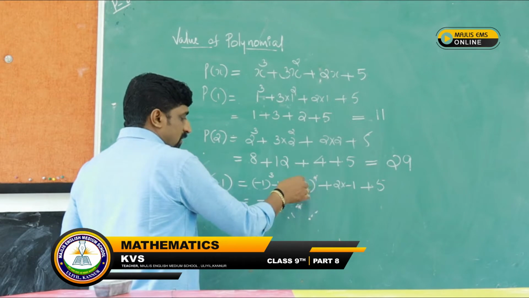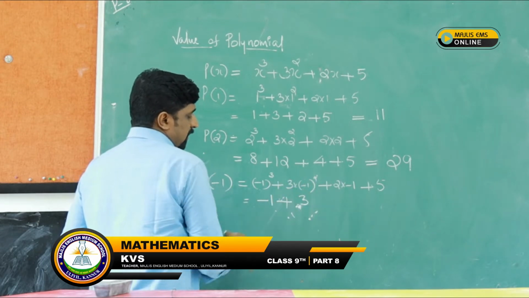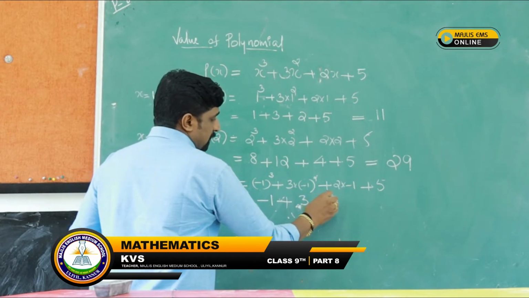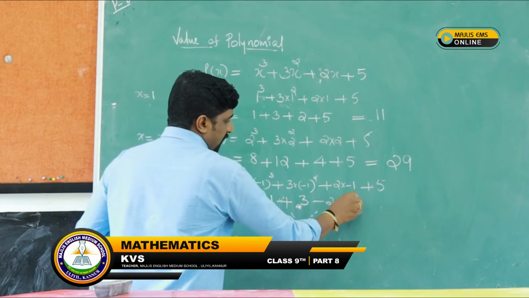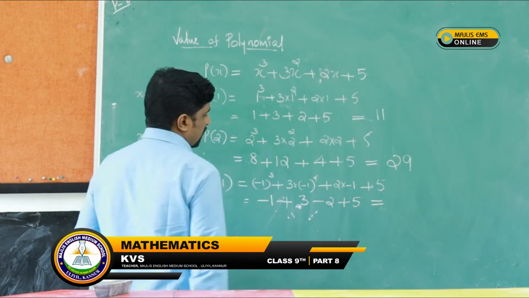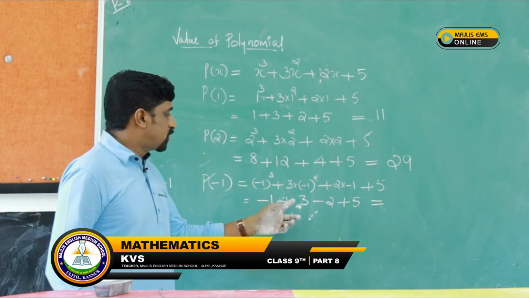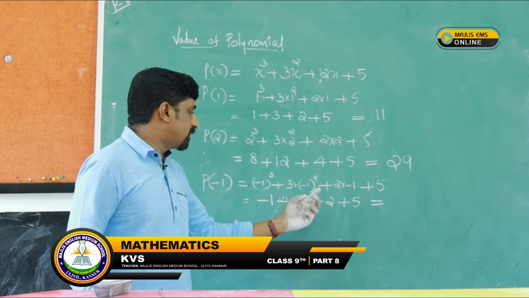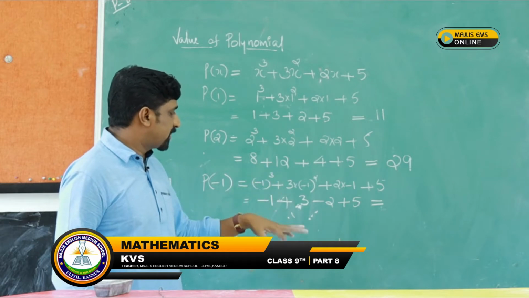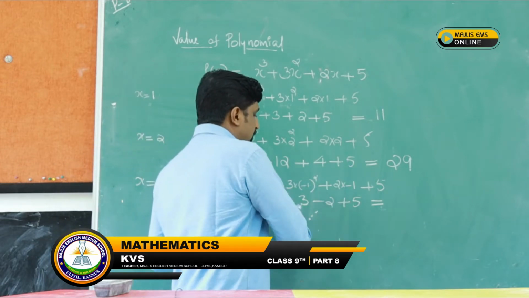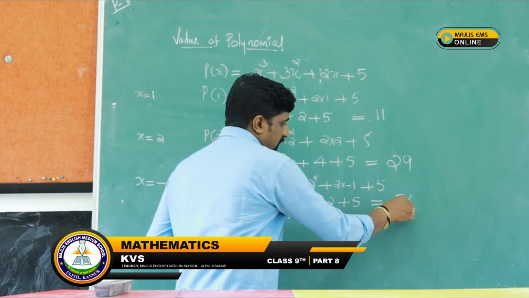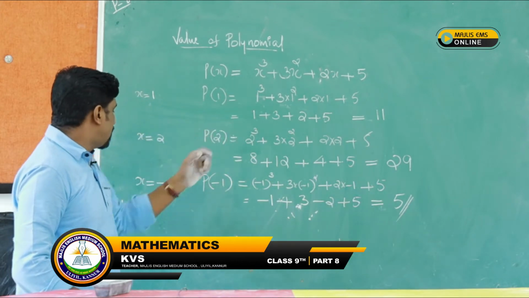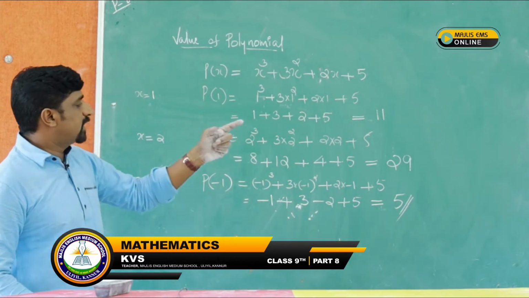Minus 1 square is 1, 1 into 3 is plus 3. 2 into minus 1 is minus 2, plus 5. Now we add. The 2 positive numbers, 5 plus 3, make 8. The 2 negative numbers, minus 2 and minus 1, make minus 3. Therefore, 8 minus 3 is 5. So the value of this polynomial when x is equal to minus 1 is 5.